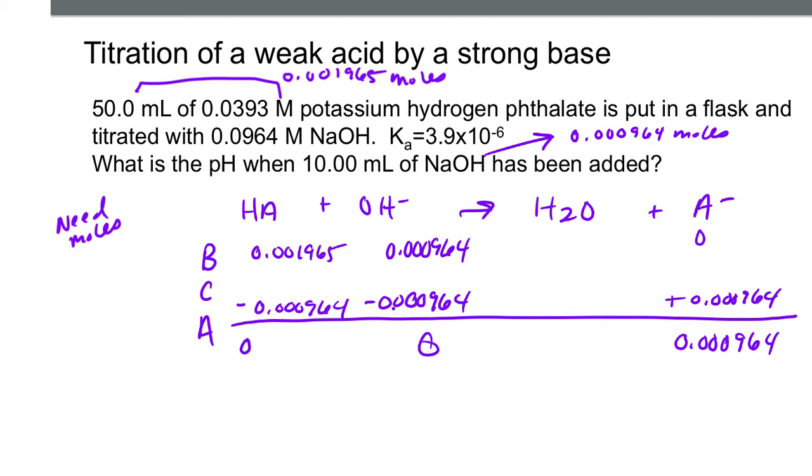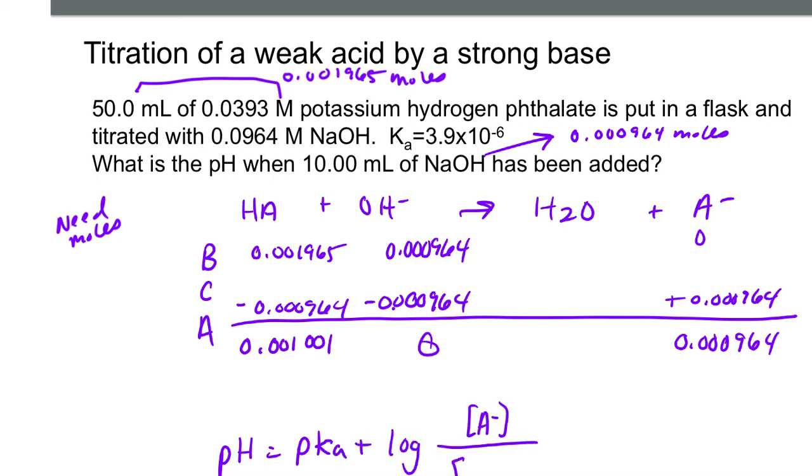And we're going to be left with 0.001001 moles of HA. Then we need the Henderson-Hasselbalch equation: pH equals pKa plus log of A minus, or base, over HA, or acid.